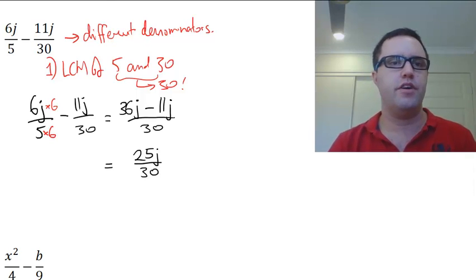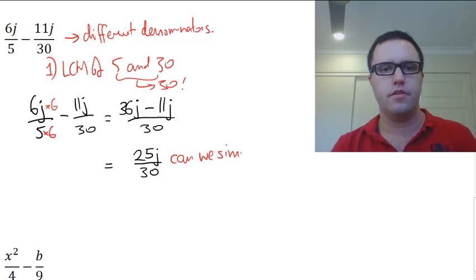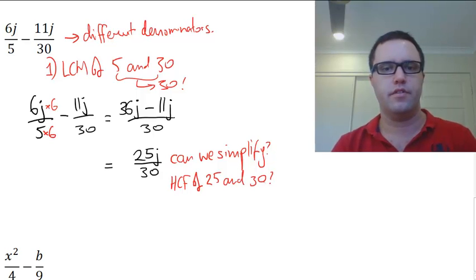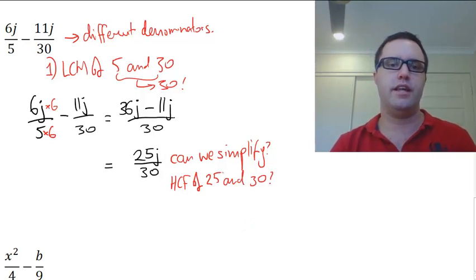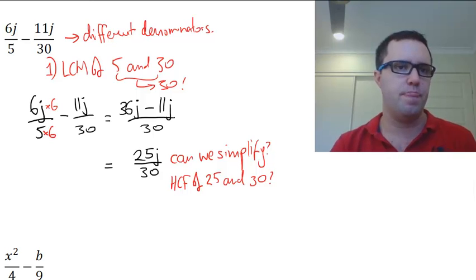Can we simplify this? Yes, we can. The highest common factor of 25 and 30. Well, if you're on the ball, you will recognize straight away that it's going to be 5.